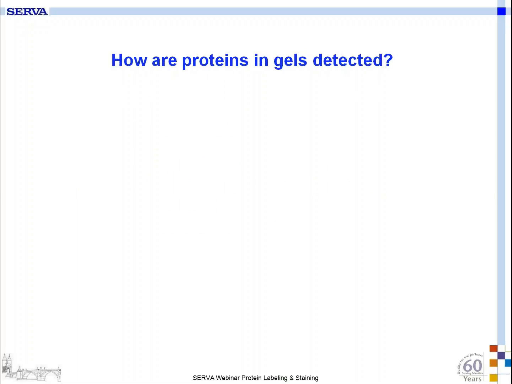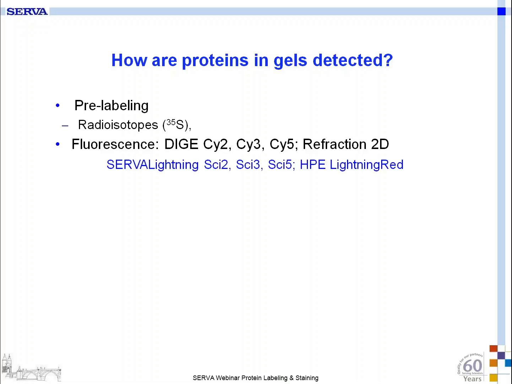So how are proteins in gels detected? There are different possibilities. You could, for example, pre-label your proteins. This is mainly done with radioisotopes like 35S. You can use fluorescence, the topic of today. There are a lot of different fluorophores available on the market.